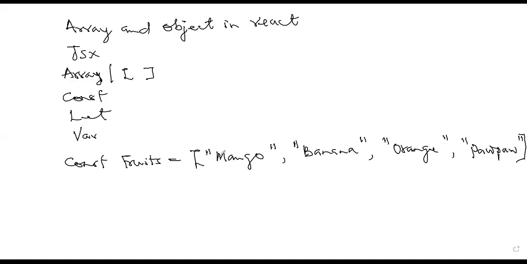So this is what you need to know about an array. Like I said before, it is usually placed inside a square bracket. It is best to assign an array to a variable. It could be a constant variable, a let variable, or any of these variables. In this case, I'm using a constant variable, and this is how it is expressed.